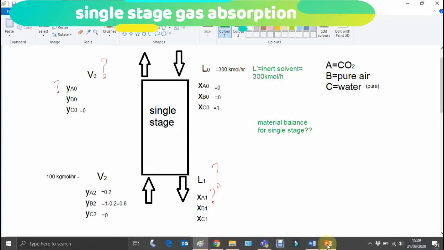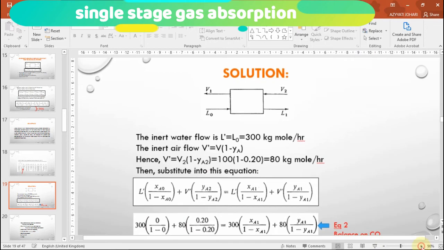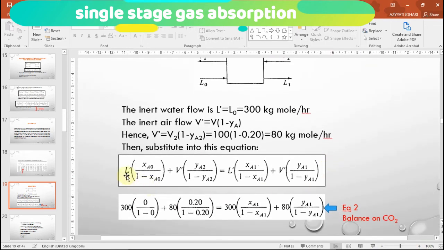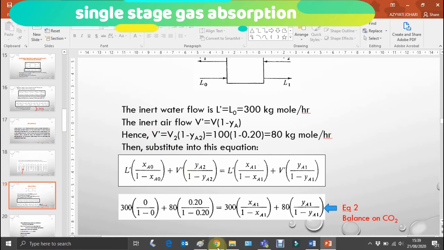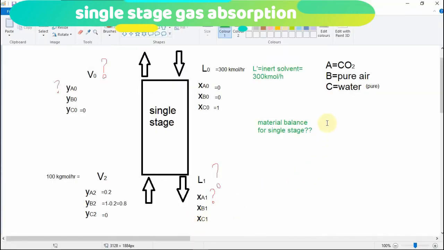And if you refer to the equation here, as we know L prime is 300, you can substitute the value 300 into this equation. But how to get the value for V prime is stated here. So the definition of V prime is the inert pure air flow rate, or inert air.